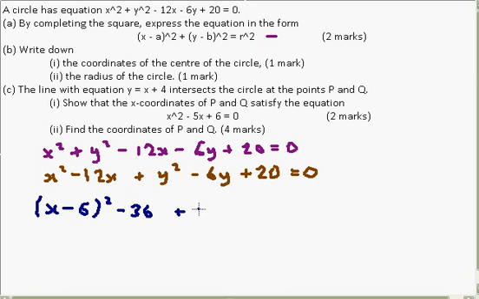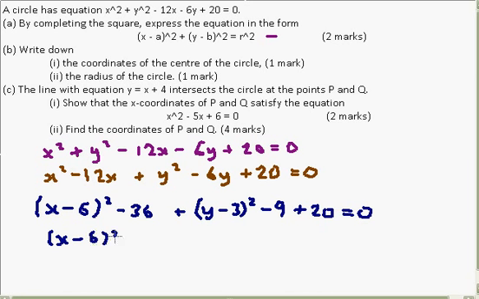For the y's, I'm going to get y minus 3 all squared, but that gives me an extra 9, so I've got to take 9 away. And I've still got that plus 20 on the end. Now I can write x minus 6 all squared plus y minus 3 all squared. Now I've got this minus 36.